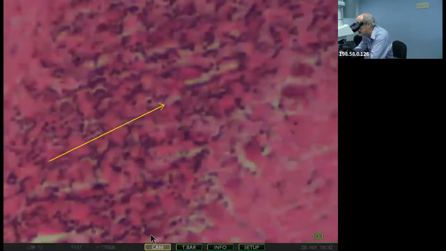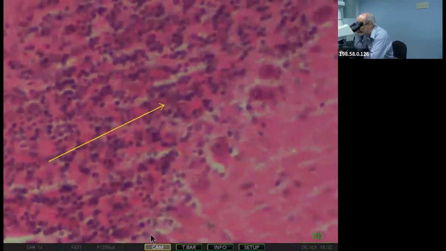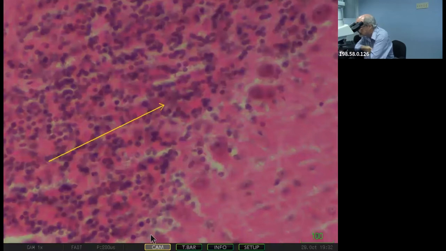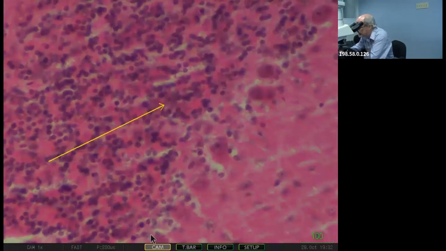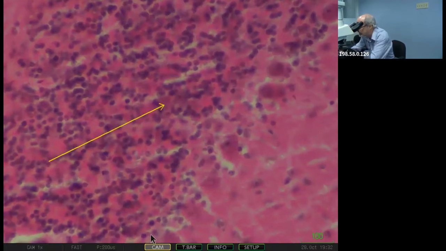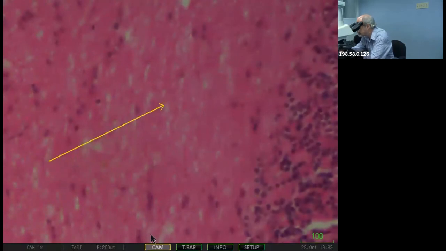And here you have your granular cell layer, with a lot of granular cells, which are much smaller than the Purkinje cells. This Purkinje cell layer is densely packed. And after that you have your white matter, which is here.